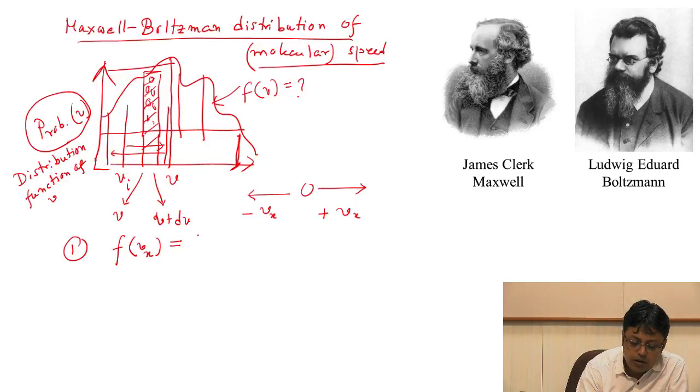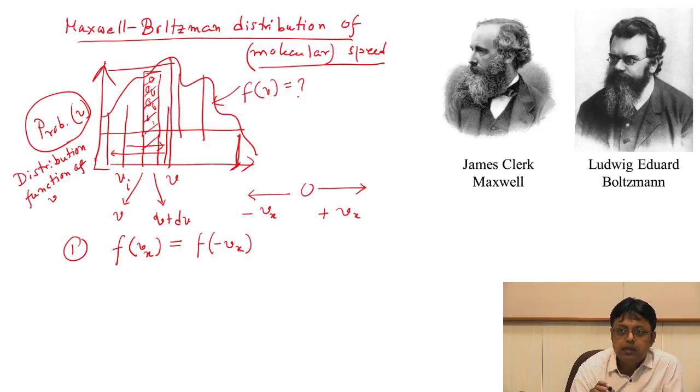Now we are saying that it has to be identical to minus Vx, which means if I calculate the probability of having a velocity of plus 10 kilometer per second in the x direction, that will be exactly equivalent to the probability of the molecule going into the minus x direction with minus 10 kilometer per second velocity. So that is the meaning of that.